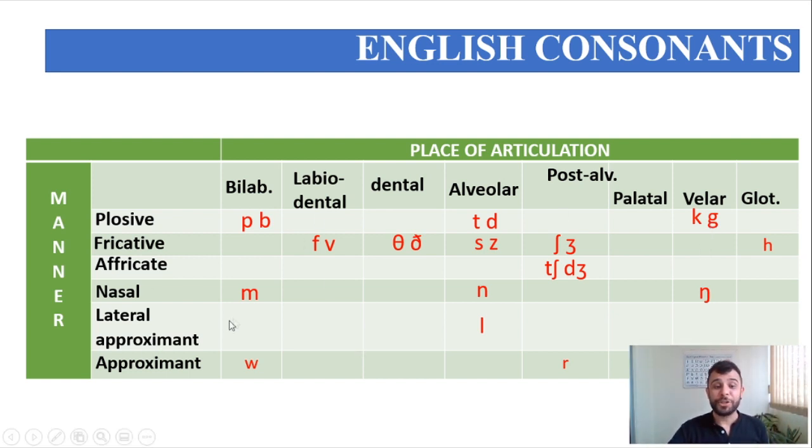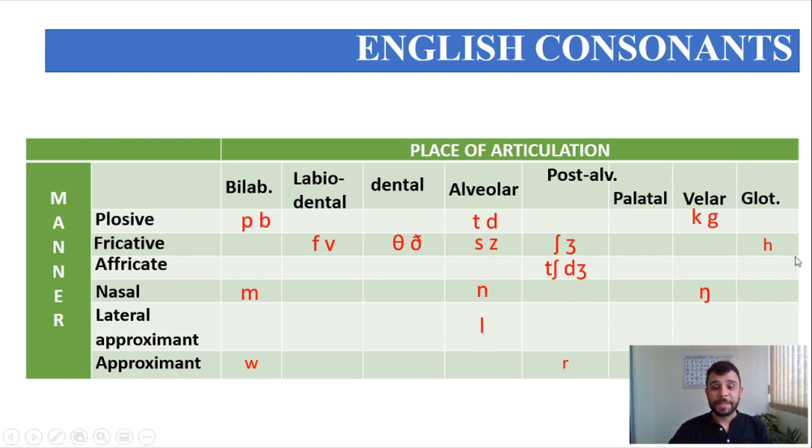And then we have some other types of sounds here. We have lateral approximant sounds. What does that mean? Take a look. Larynx, lace. What happens is that you're touching your alveolar ridge with the blade of your tongue, but air still escapes through the side parts of your mouth. So this is what we call lateral approximant, because air is escaping through the lateral part of your mouth.